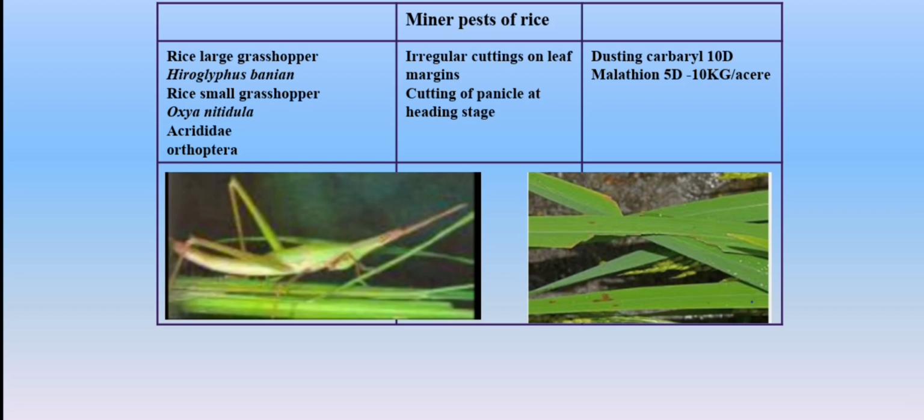And at the panicle emergence stage, they will cut the panicle also. In order to control grasshoppers, we can dust the field with carbaryl 10D, or you can spray malathion 5D at the rate of 10 kg per acre.